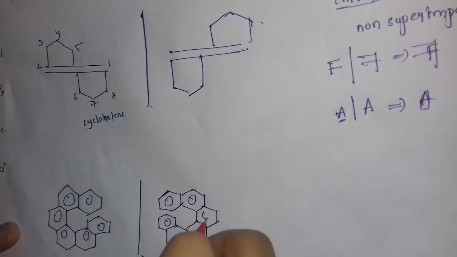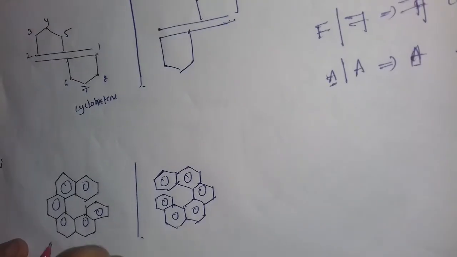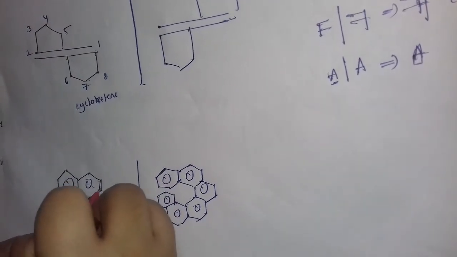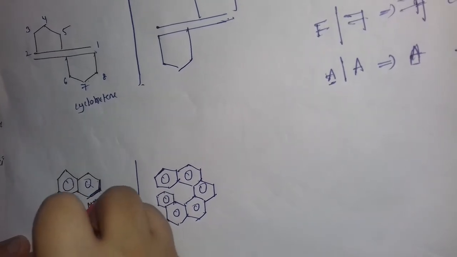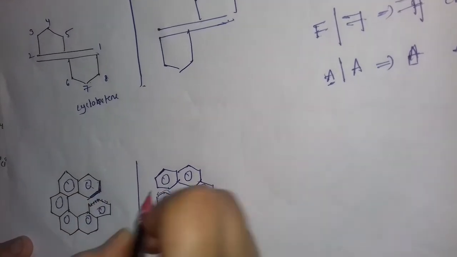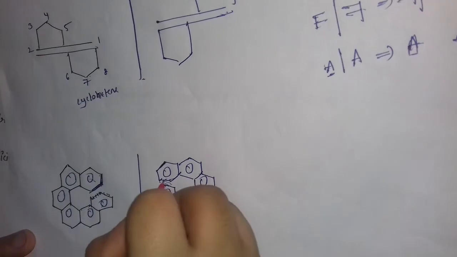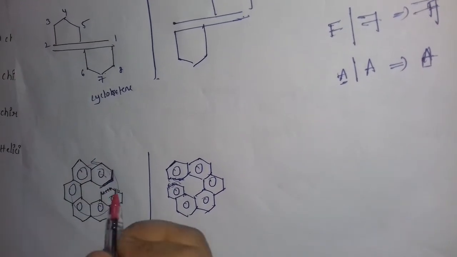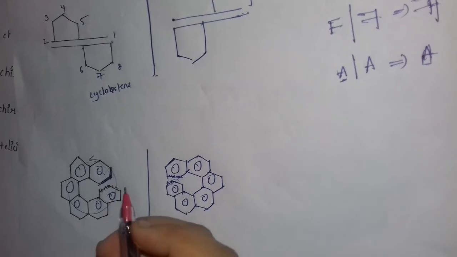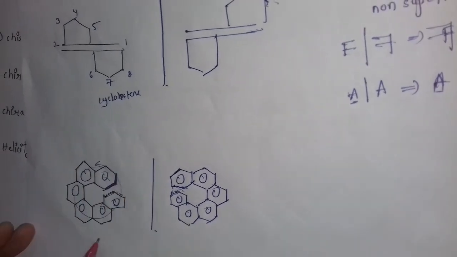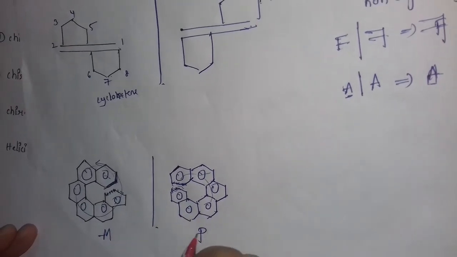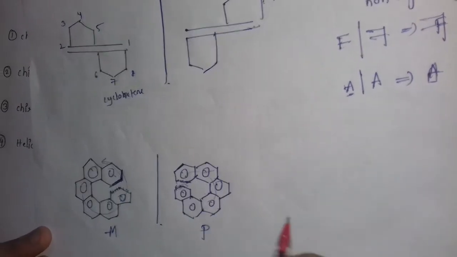Actually, we need to see the rotation here: this should be a wedge and this should be a dash, and here also there will be a wedge and dash, and the rotation is like this, meaning it's an S configuration, represented with M for minus, and like this it is plus, represented with P.